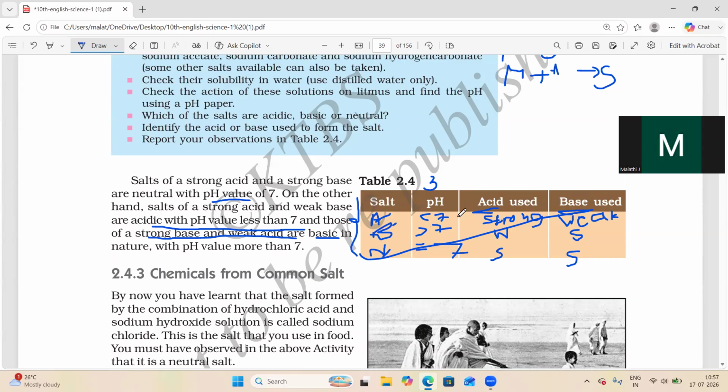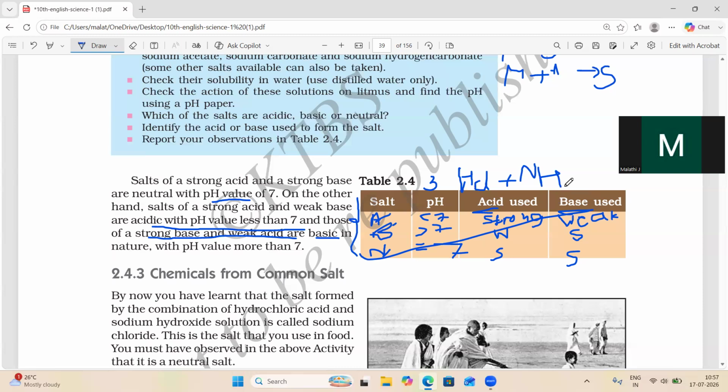For an acidic salt, we have to take a strong acid, one of the strong acids is HCl. So HCl reacts with a weak base, and we can take NH4OH.